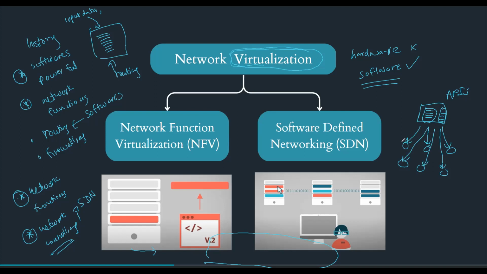So let's consider that this is a local area network. In a certain region we have a local area network where we have a set of routers and switches that are connected to each other, that carries data traffic from one end to another end.